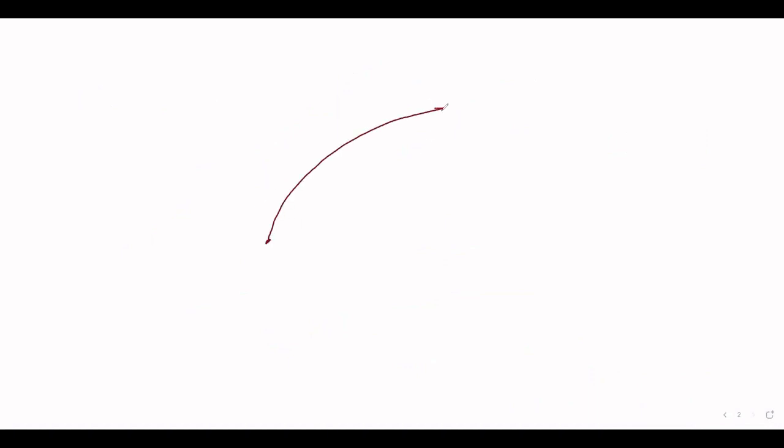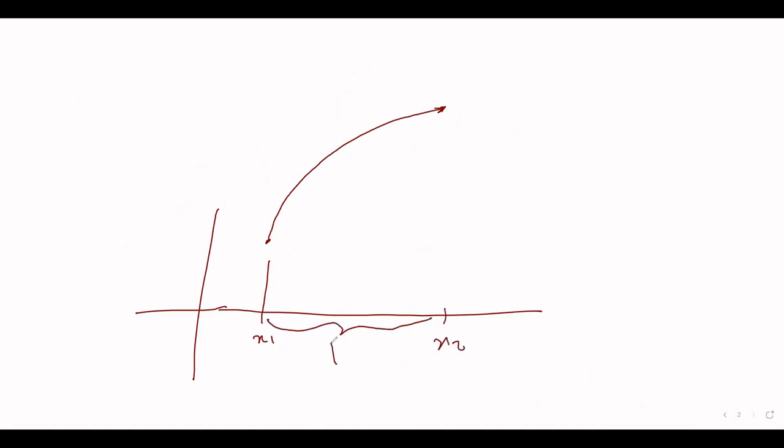Say this is a point. First of all, consider that this is the y-axis. So this is x1 and this is x2. We have a very small value of h, right? H is not as big as it appears in this drawing, first of all.